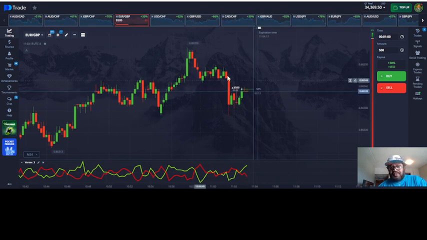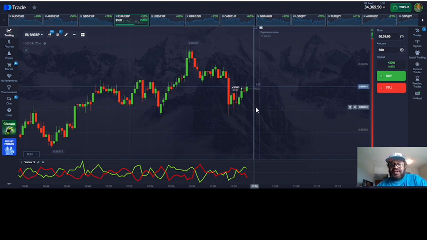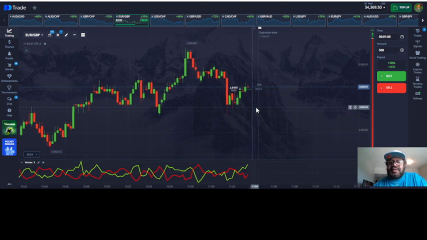We have some decent price action happening. So let's monitor this trade and wait for the expiration at the end of 60 seconds.